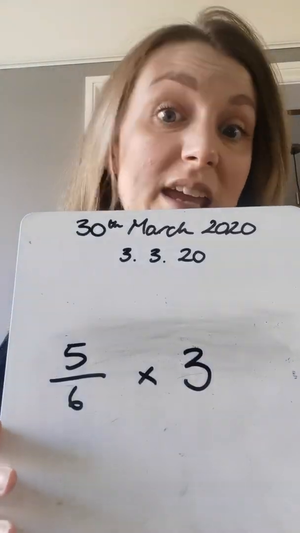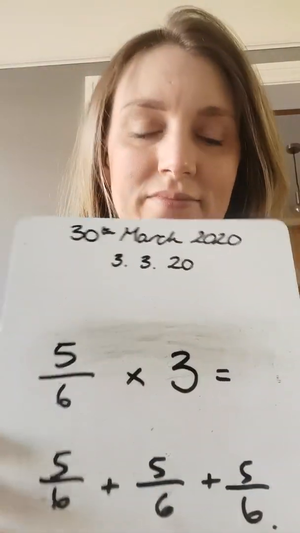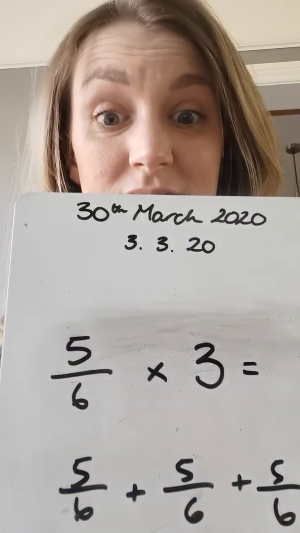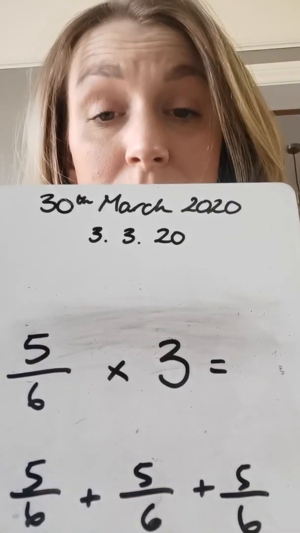Sometimes we have it that our number sentence is actually going to be multiplied by a whole number. So we've got 5 sixths and it's being multiplied by the whole number 3. Now the great thing about this is it's the same as saying 5 sixths add 5 sixths add 5 sixths. Because I'm just saying, I want 3 lots of 5 sixths. Now we just follow the same rules as we did before.